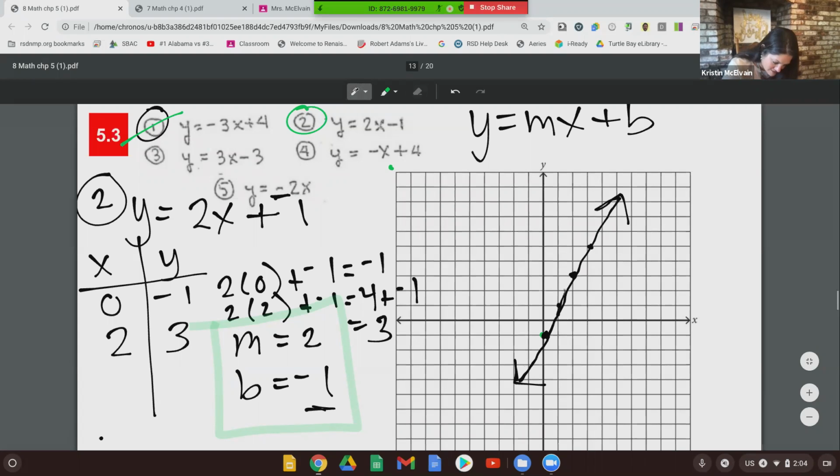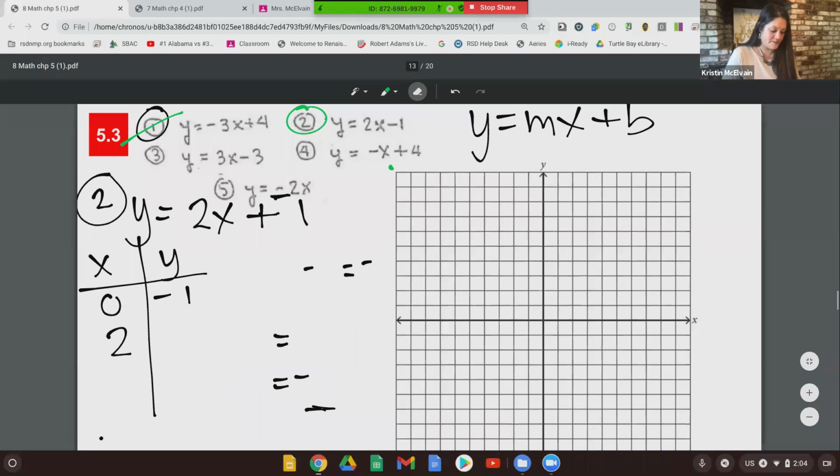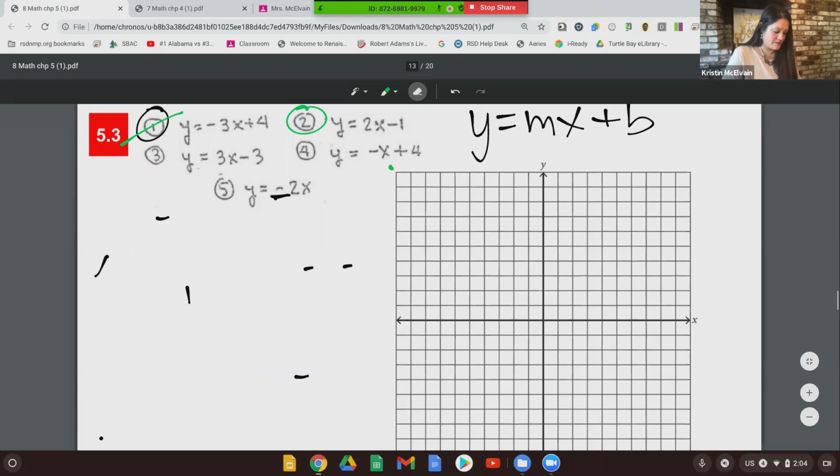It bugs me it's not straight. Hopefully yours is straight. All right, number 2. And there's a lot of little marks here.